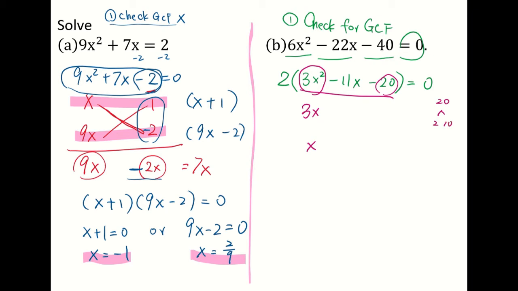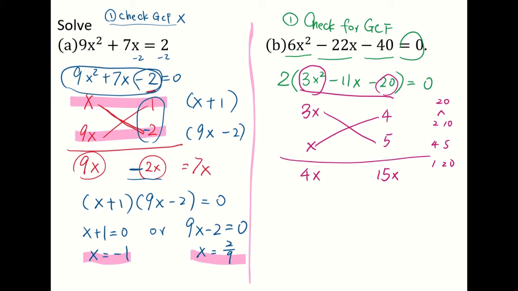It could be 2 times 10, it could be 4 times 5, it could be 1 times 20. That's all the options, right? Okay, I think I will try 4 times 5. I'm not sure. Let's try 4 times 5. If not, just switch things around. Okay, so cross multiply. 3x times 5, that's 15x. And 4 times x, that's 4x.